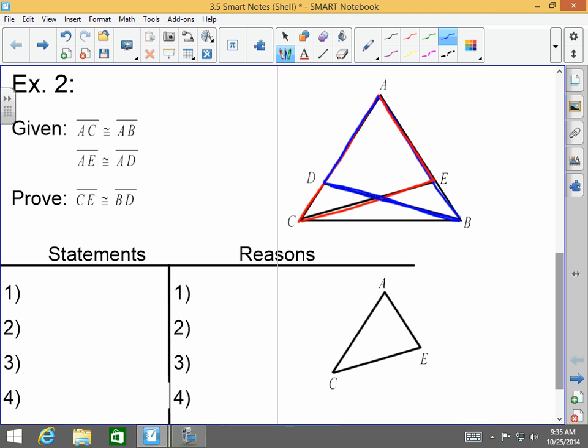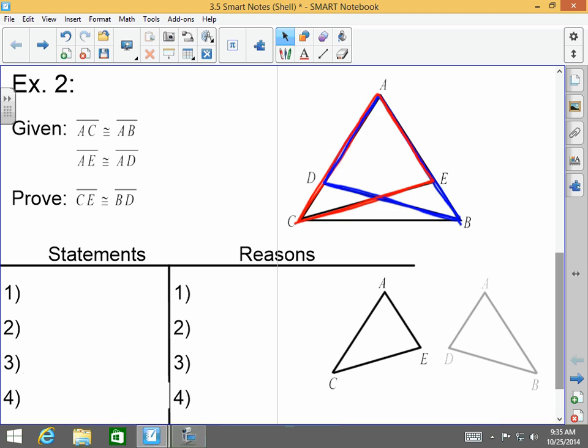So if you think about this, we're working with this triangle right here and this triangle right here. So we're working with triangle CEA, which I just pulled out, and we're also working with triangle ADB, okay?